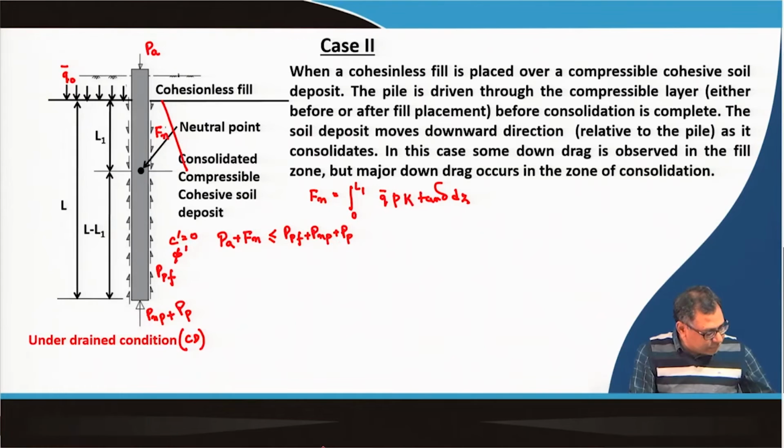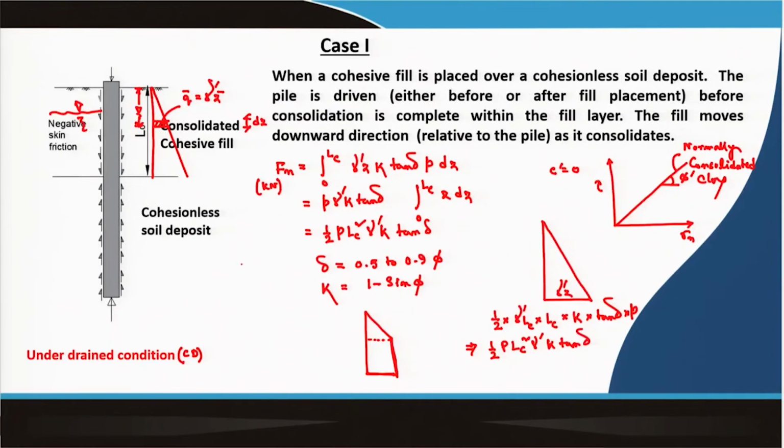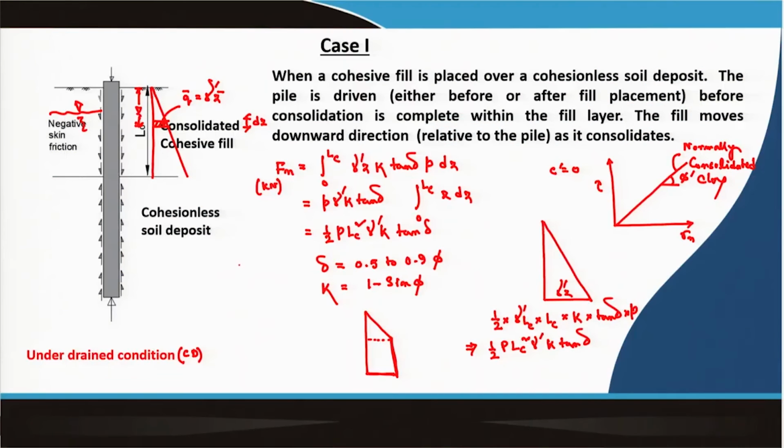Okay, so I should write the meaning of the different terms. P is the perimeter, which I have not written here. K I have given, tan delta I have given, and LC is the length of the fill zone.